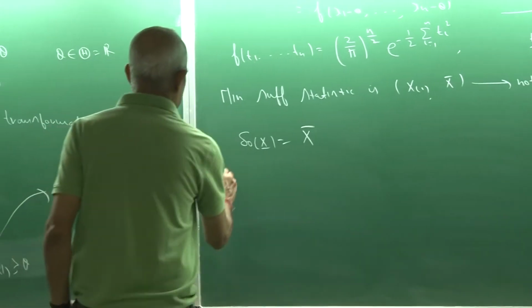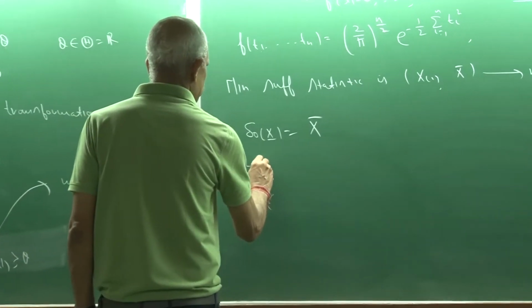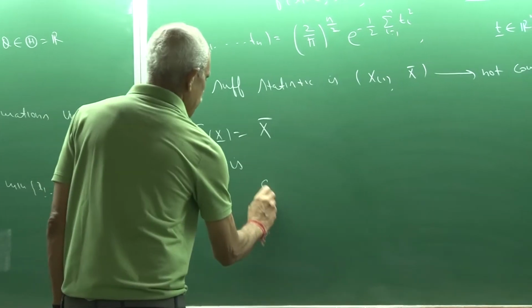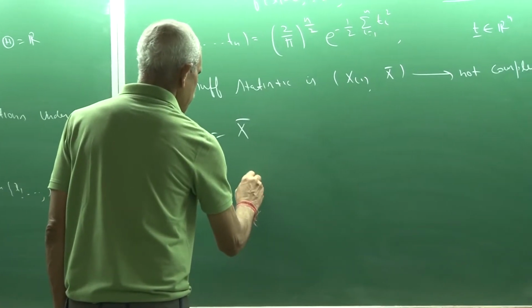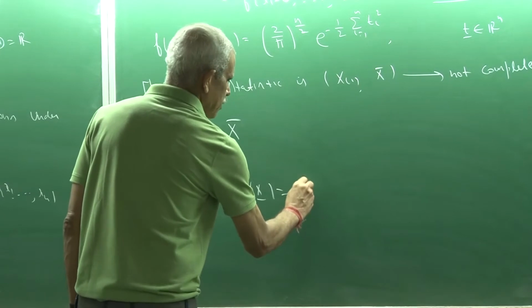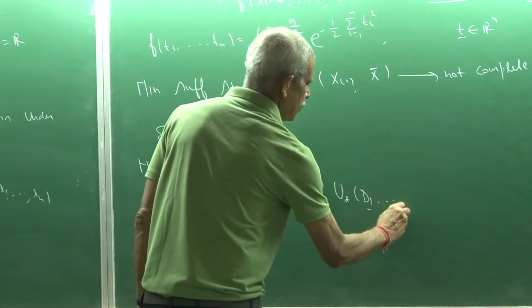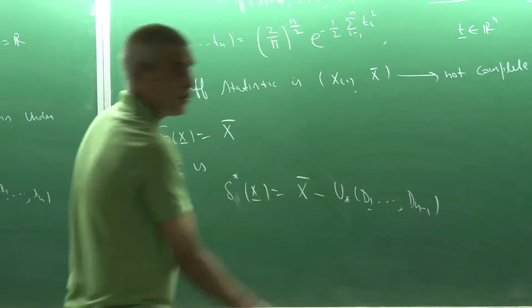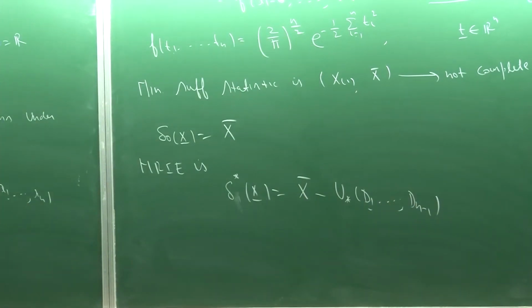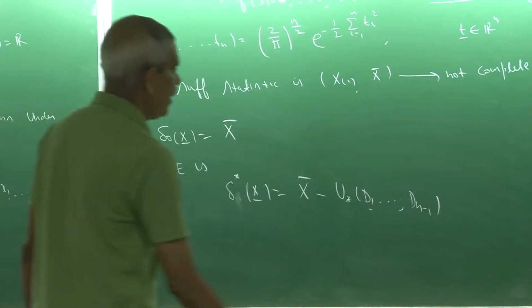So the MRIE is delta star of x, which is X bar minus u star of d1, d2, ..., dn minus 1. You know what d1, d2, ..., dn minus 1 are: di is nothing but xi minus xn.